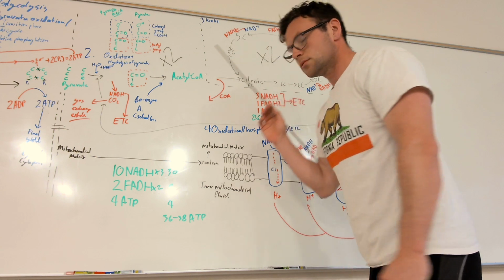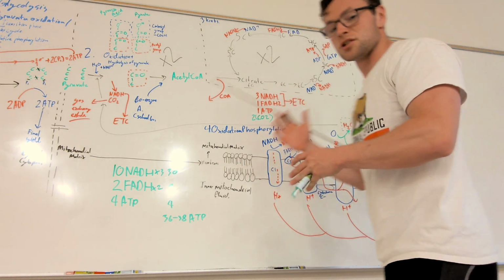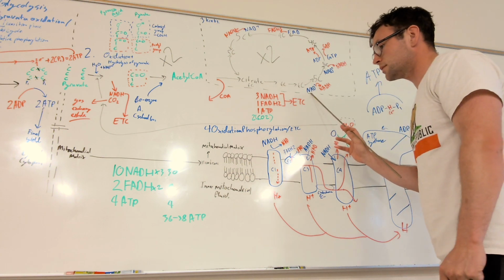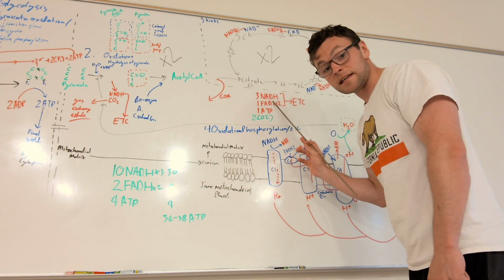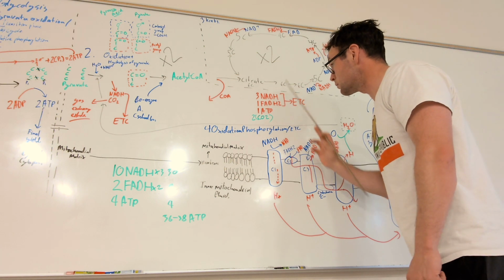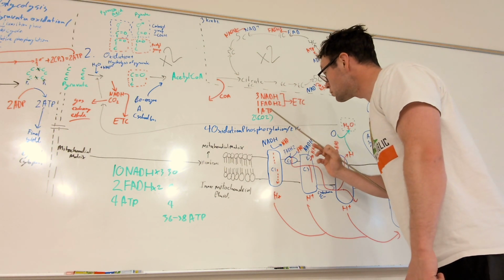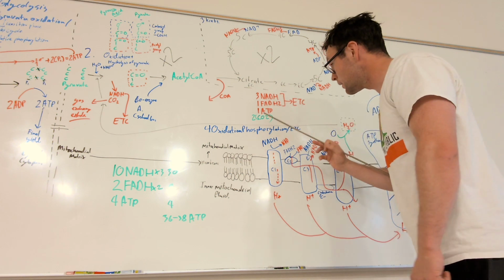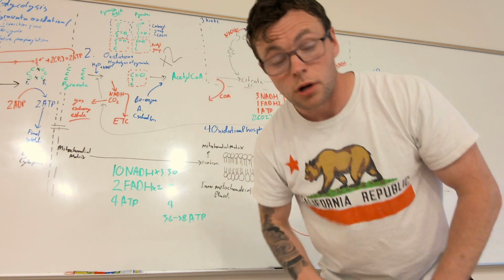So let's recount, because now we've finished production of NADH. But remember, we've done this twice. So we've gotten 6 NADH from the Krebs cycle, 2 FADH2s, 2 ATPs, and 4 carbon dioxides.